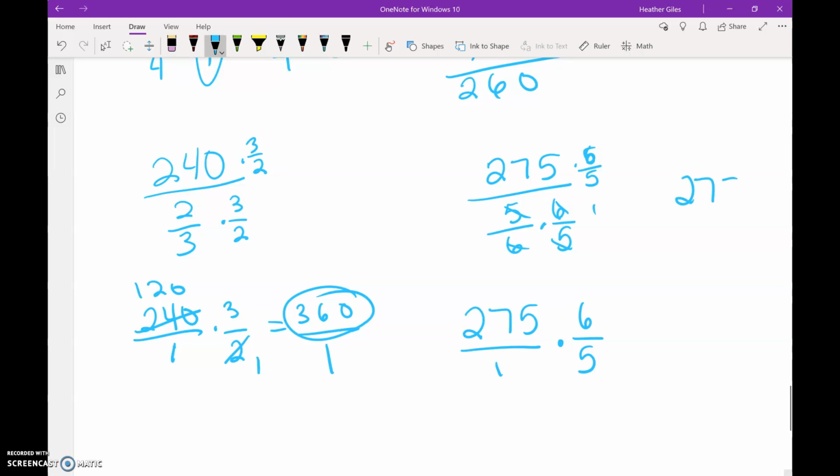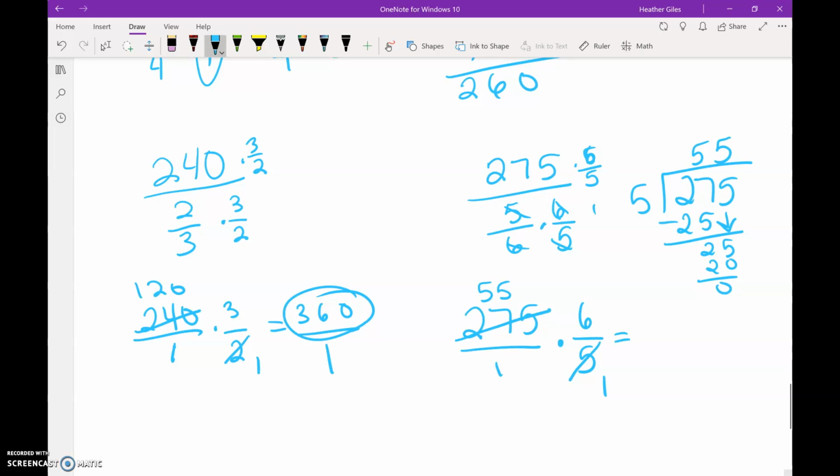So 275 divided by 5. 5 goes into 27 5 times. That's 25. Subtract, 2. Bring down the 5. 5 goes into 25 5 times. That's 25. 0. Cool, I can reduce these by a factor of 5. 5 divided by 5 is 1. 275 divided by 5 is 55.